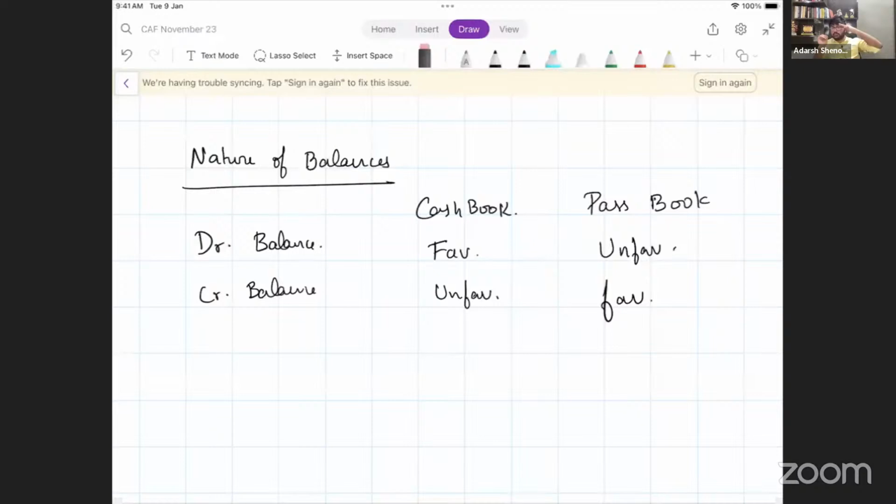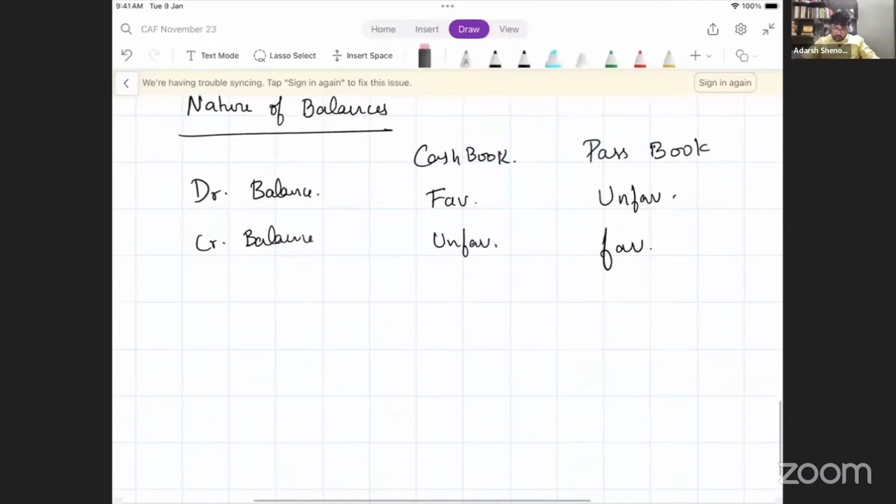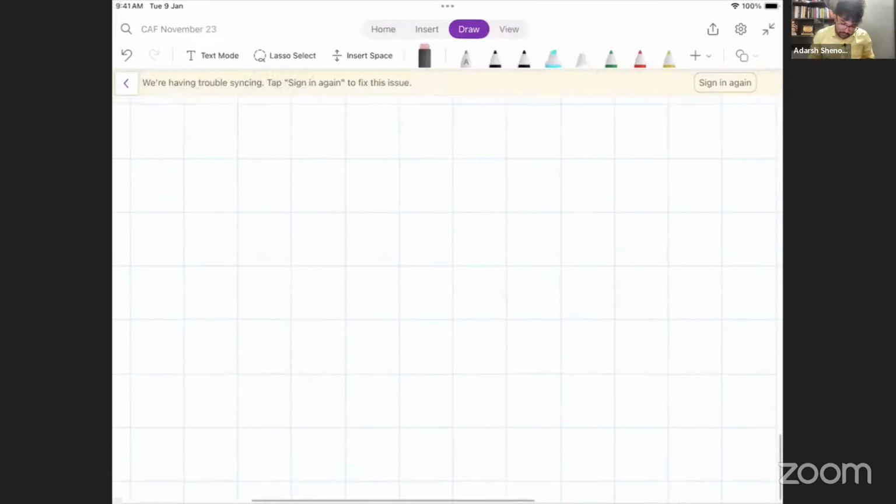So the business is doing this BRS, and we are thinking from the business's perspective. A debit balance in the cash book is an asset. A debit balance in the passbook is a liability. A credit balance in the cash book is a liability, and a credit balance in the passbook is an asset for us. Simple. Okay. Now, the nature of the effects given in the books.